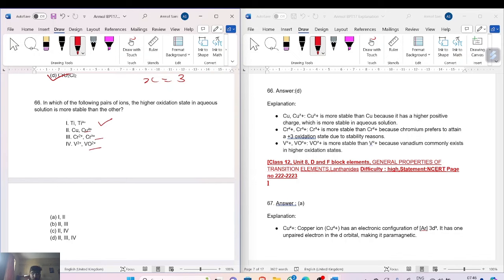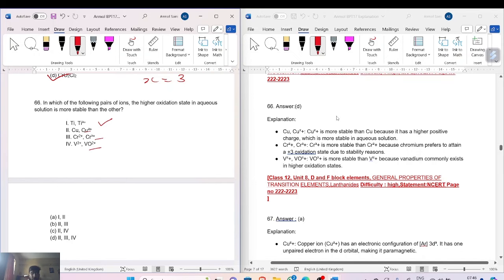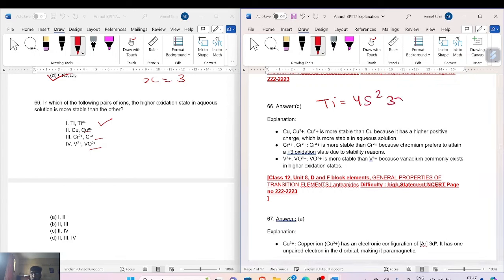First of all we will check this by the electronic configuration concept. A more stable electronic configuration means it will be more stable in aqueous solution as well. So for titanium we can write the electronic configuration as 4s2 3d2.